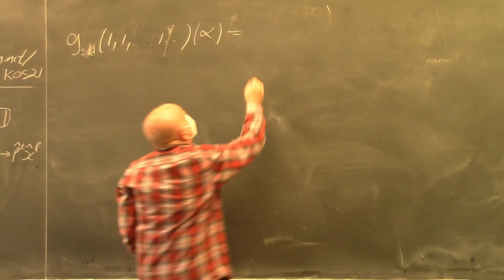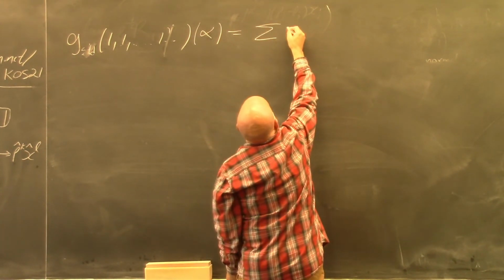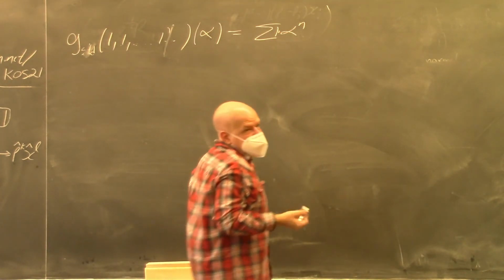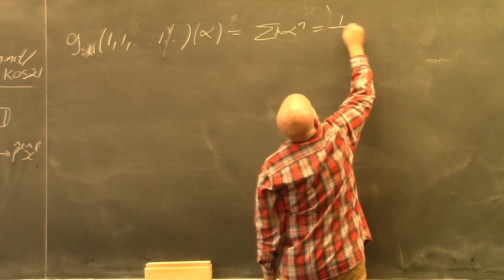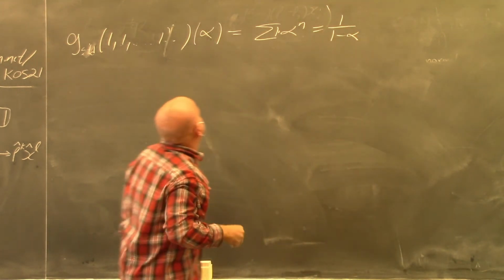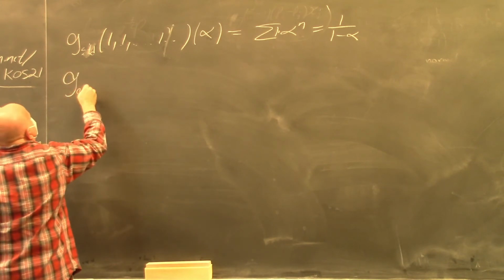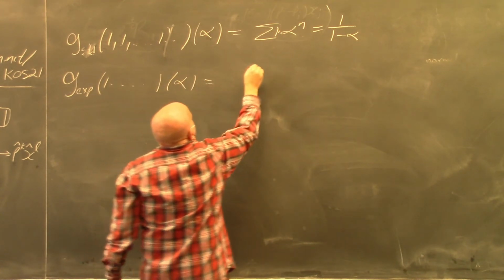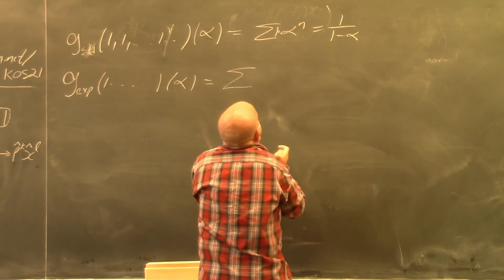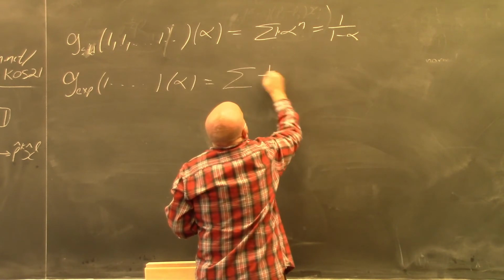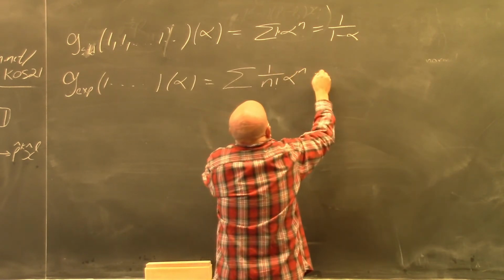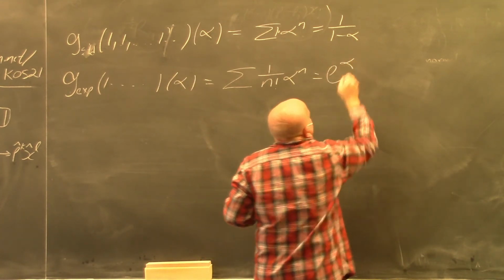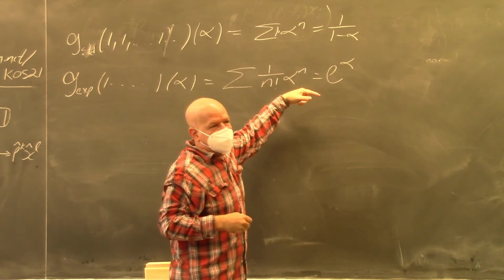So this is the sum of alpha to the n times 1, but that's a geometric series, so it's 1 over 1 minus alpha. And what is the exponential generating function of the same sequence evaluated at alpha? So this will be the sum of 1 but divided by n factorial, alpha to the n. And this is just the formula for the exponential. So this is e to the alpha, hence the differing names.